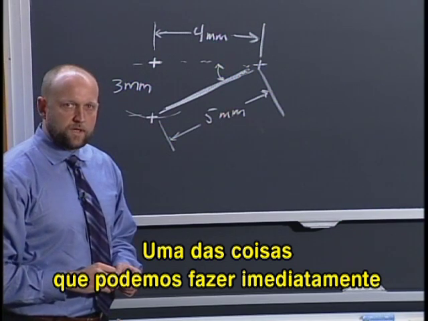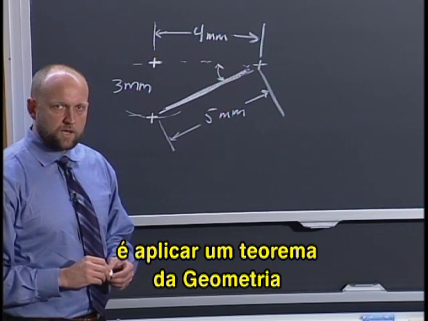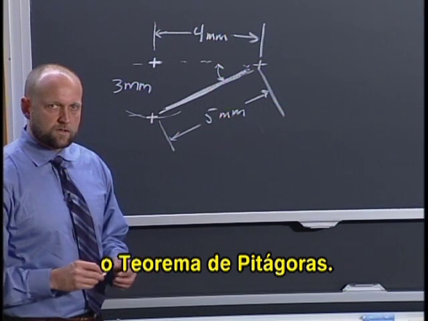Now, one of the things that we can do right away is to apply a theorem from geometry that you may have covered in recent weeks and months, Pythagoras Theorem.